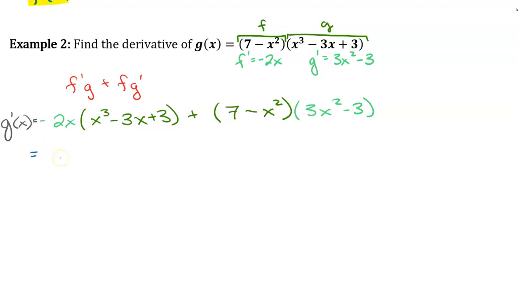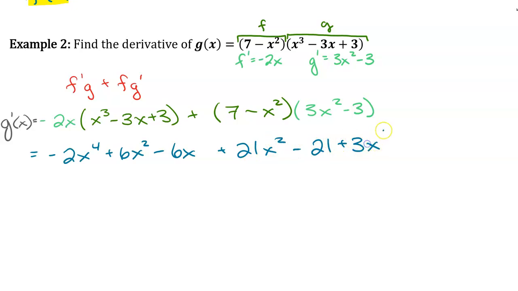So let's see here. We would have negative 2x to the fourth plus 6x squared minus 6x plus 21x squared minus 21 plus 3x to the 4 plus 3x squared, and then combine like terms.